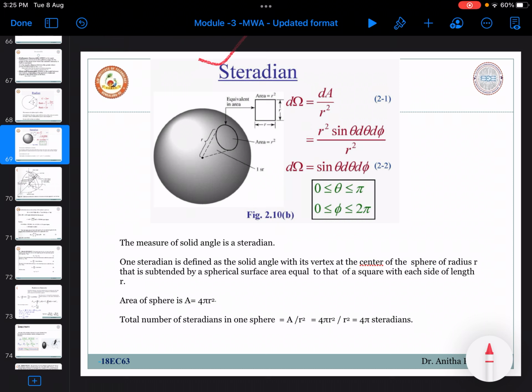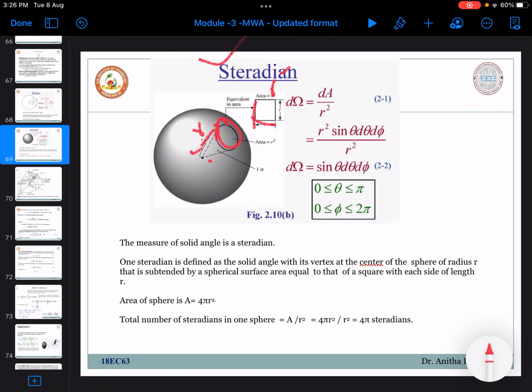In a sphere, the steradian is a measure of a solid angle. It is defined with its vertex at the center of a sphere of radius r, subtended by a spherical surface area equal to the area of a square with each side of length r, that is r square.